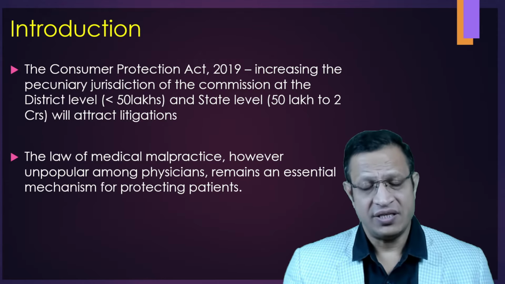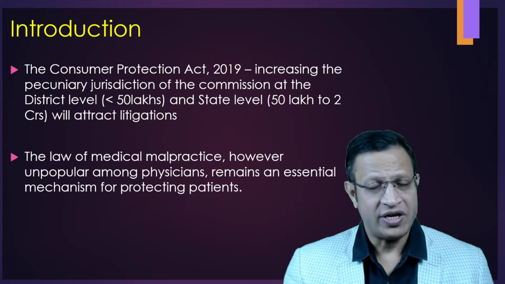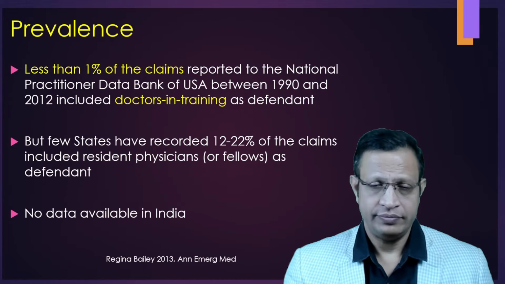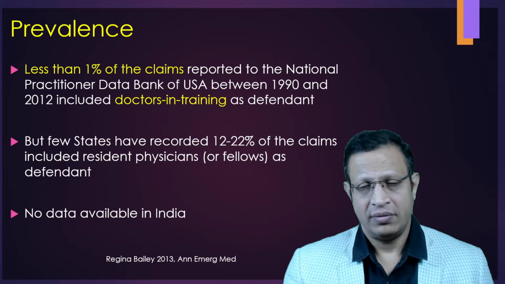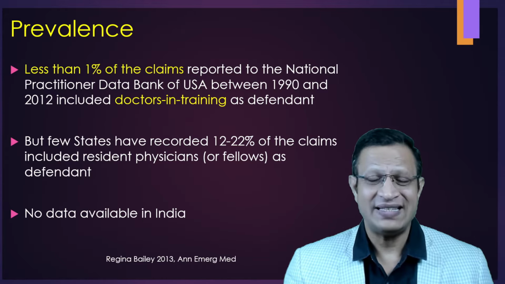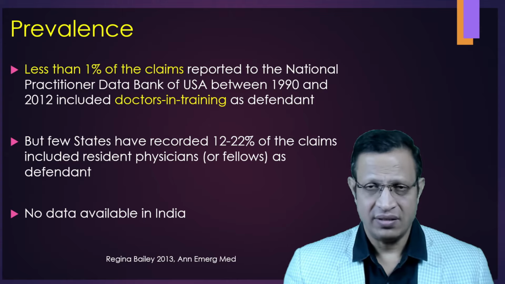Medical negligence and malpractice cases are one way to protect the patient also. If you look at the prevalence of malpractice or medical negligence cases in undergraduate or postgraduate students in the US, it is less than 1%.